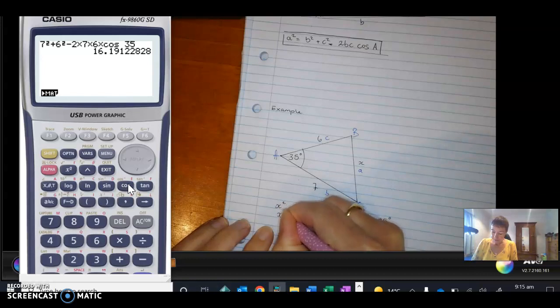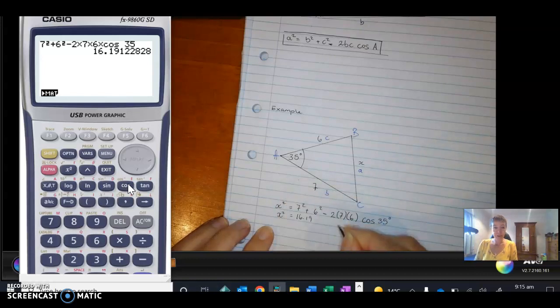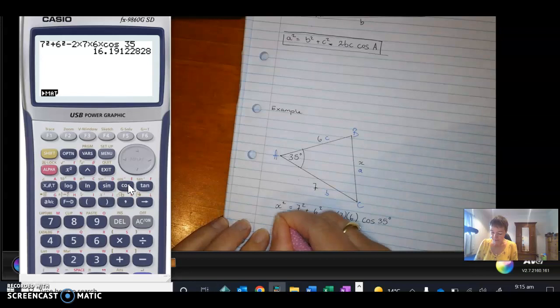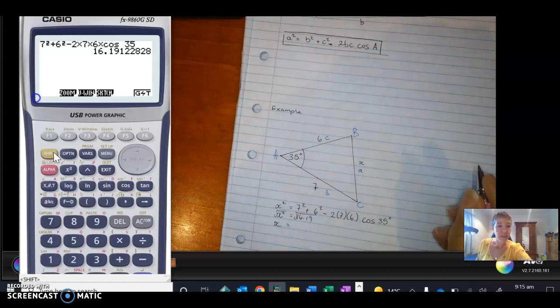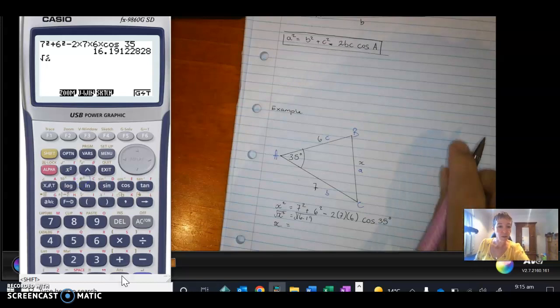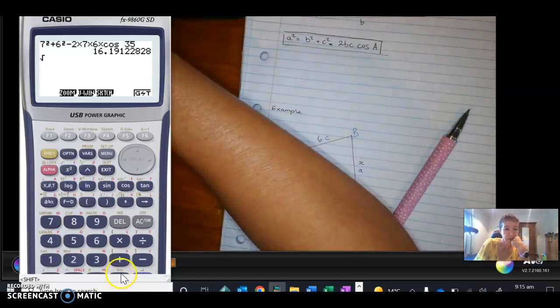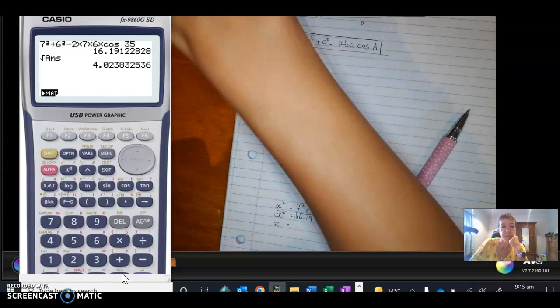So remember, it's x squared though, so to find the actual value I need to take the square root of both sides. So x equals the square root of my answer.